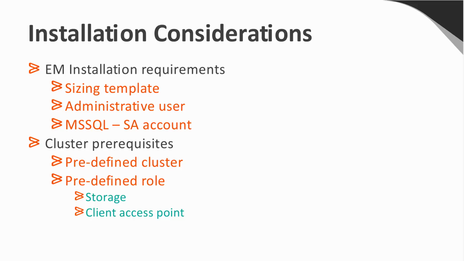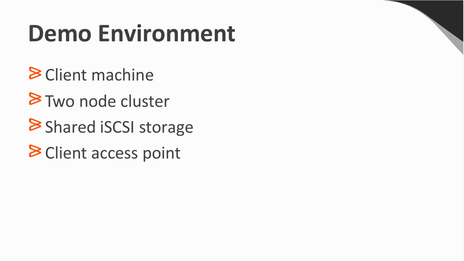If you're intending to use MS SQL as a database, then you should have the required credentials prior to starting the installation. We recommend using the SA account, as this will create an additional database login with the correct roles predefined. So before we start our demonstration, let's just talk about our demo environment here.